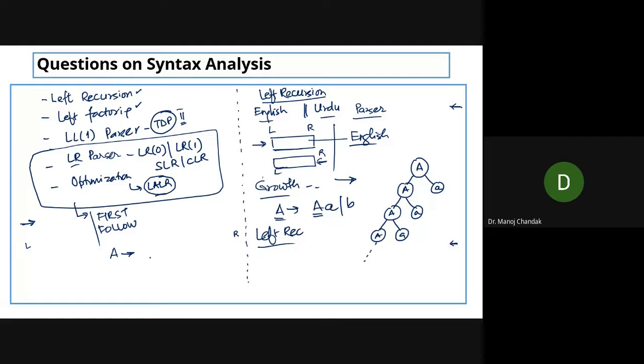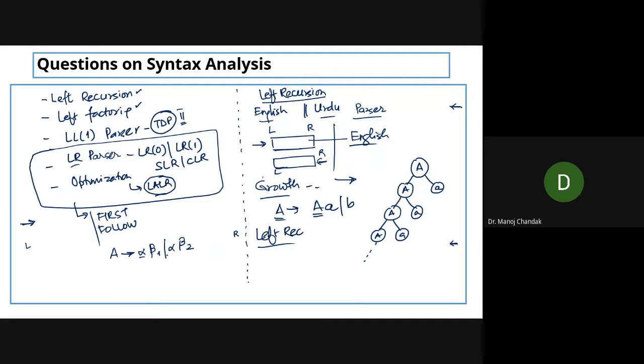If I expand or write it correctly from the literature, A tends to alpha followed by beta 1, and alpha followed by beta 2. If this is a rule, then this alpha is what is creating the problem.